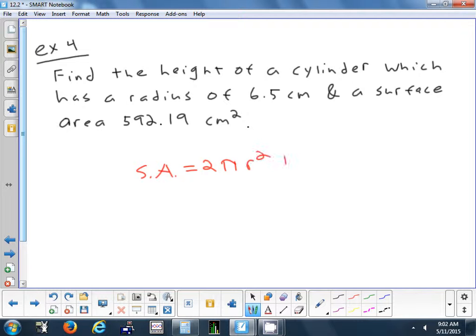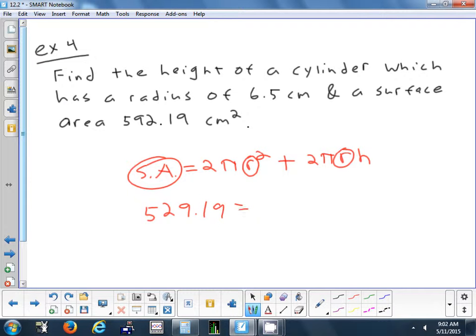Double the area of the base plus, yep, perimeter, which is 2 pi r times the height. Fill in everything we know. We know the radius, so we fill that in. We know the surface area. 2's a number. Pi's a number. H is the only thing we don't know. So we just have to solve for it.